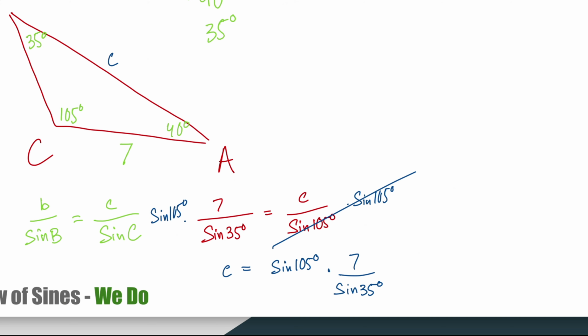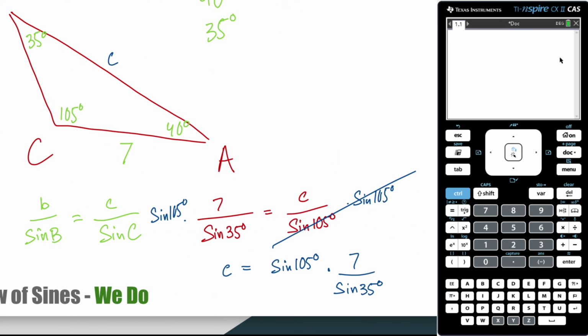Now in order to do this, we are going to need our calculator. So let me just get that up here, and we're going to plug in all that information. Now make sure yours is in degrees. If it's not in degrees, you're not going to be able to do this correctly. So I can type mine in: sine of 105 multiplied by 7, and that's going to be divided by the sine of 35 degrees.